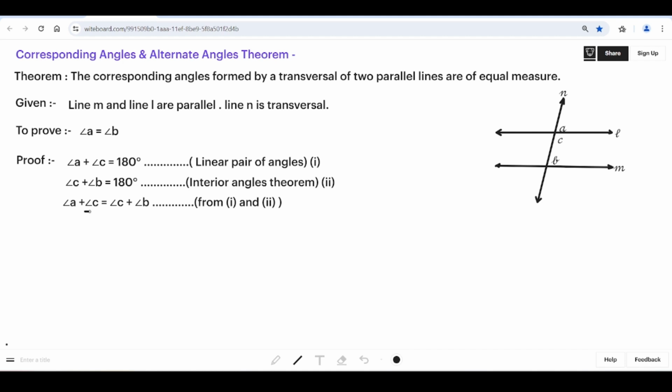Now you can see here, both sides have the angle C. So from both sides we can cancel angle C and angle C, and we get that angle A is equal to angle B, and that's our proof, that is angle B is equal to angle A, and thus the theorem is proved.